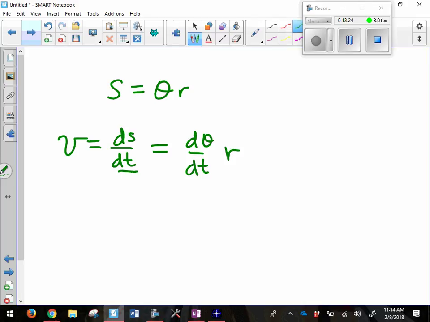If ds dt is v, yeah, rotational what? And what's my symbol for rotational velocity? Omega. So this is equal to omega r. It's like pulling teeth. Make yourself flashcards. You gotta learn it. So V is equal to omega r.